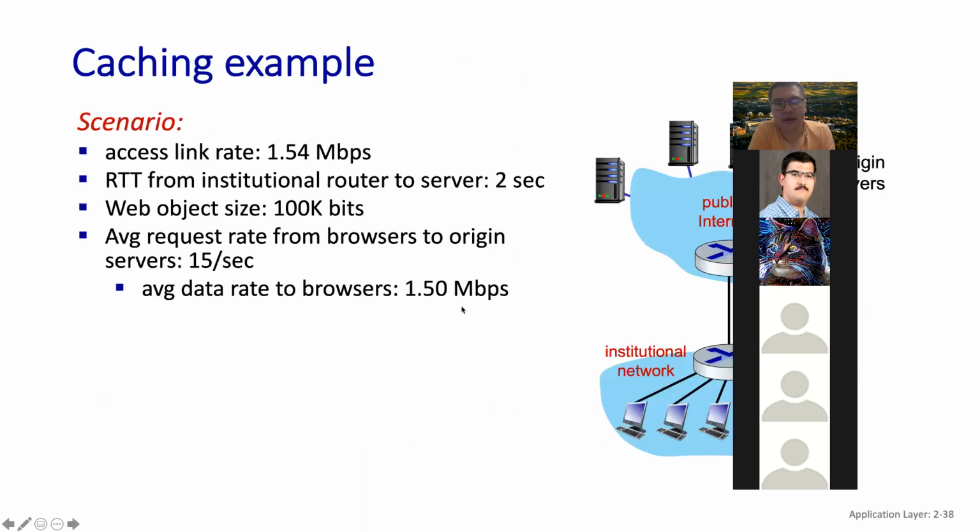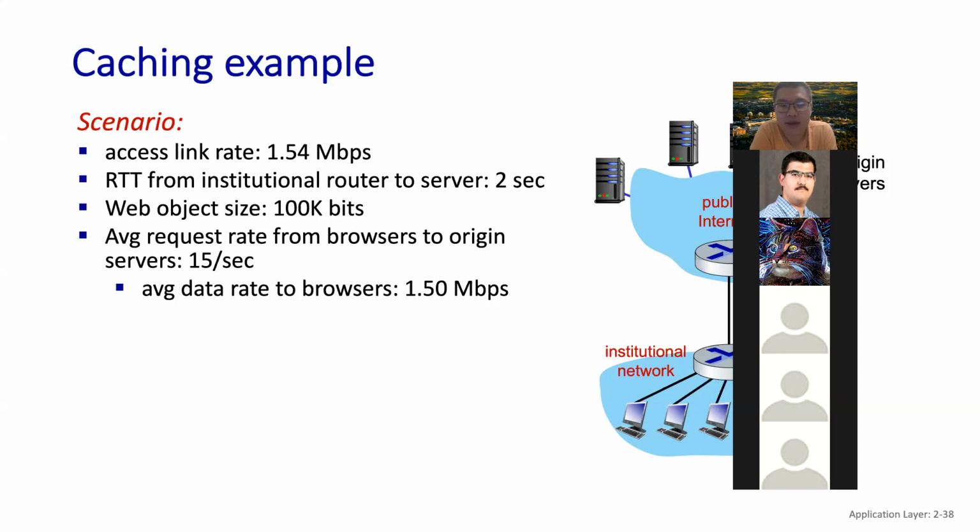Okay, let's see a simple scenario or calculation for why we want caching. Let's say the access link rate is 1.5 megabits per second. This part is the 1.5 megabits per second access link from the public internet to the local institution network. I believe the real number is much higher, but just for demonstration purposes, let's assume a small number here.